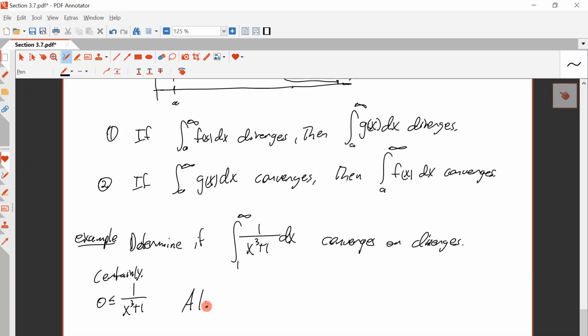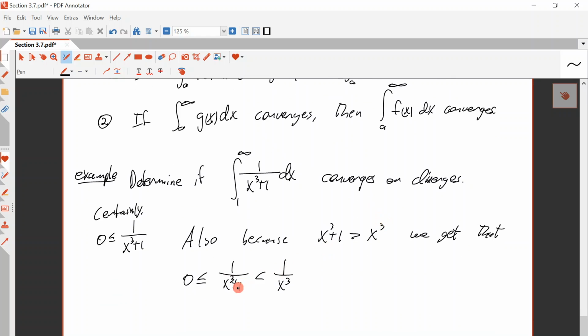Also, because x to the third plus 1 is greater than x to the third, we get that 0 is less than or equal to 1 over x to the third plus 1, which is less than 1 over x to the third. As the denominator gets bigger, the fraction gets smaller.